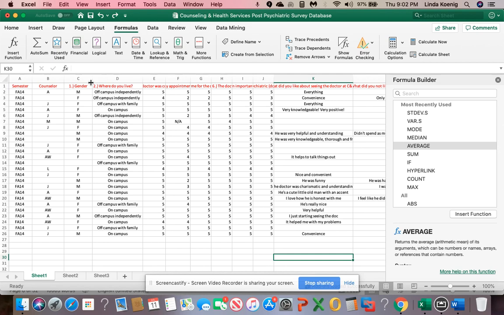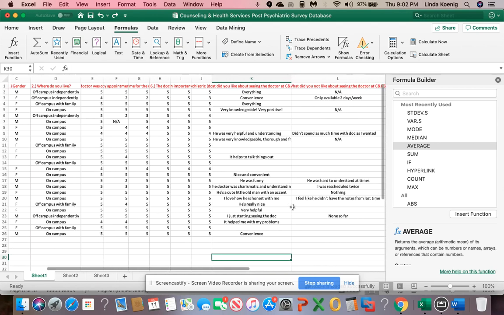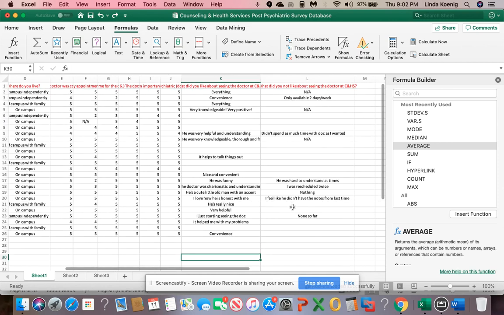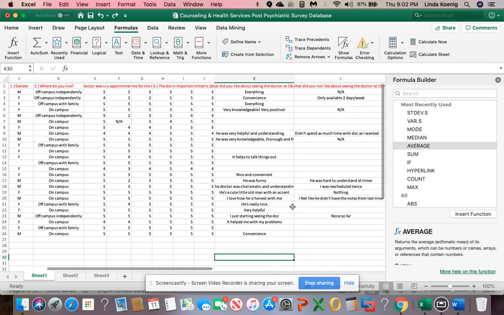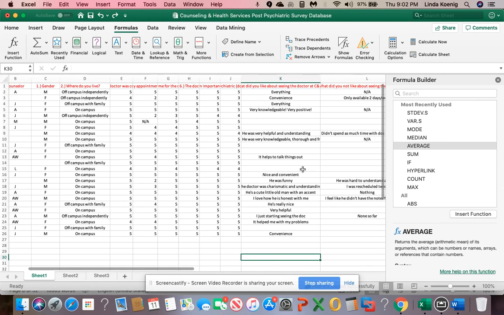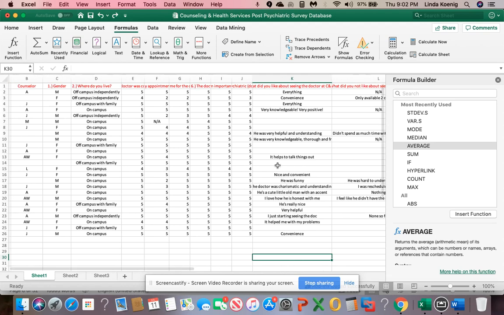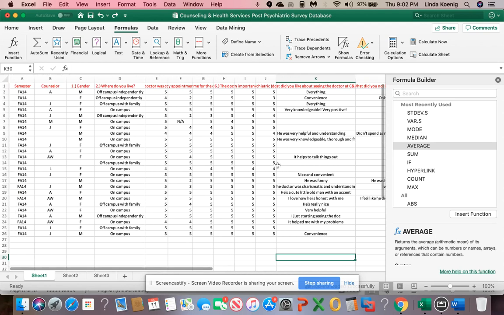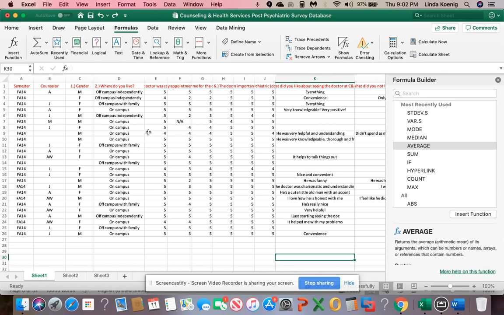The columns A, B, C, D are nominal data. And then we have over here in K something that is more qualitative. We can't really assign a number to any of that. We just have to use words to describe it. So it's a combination, sort of a mixed methods survey using nominal and ordinal data and then our qualitative data.